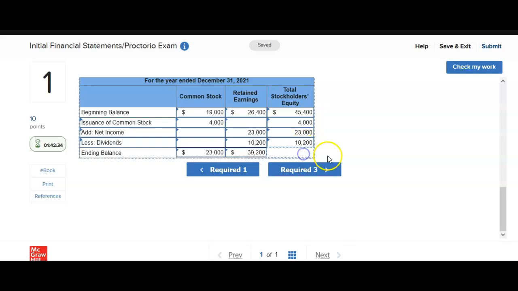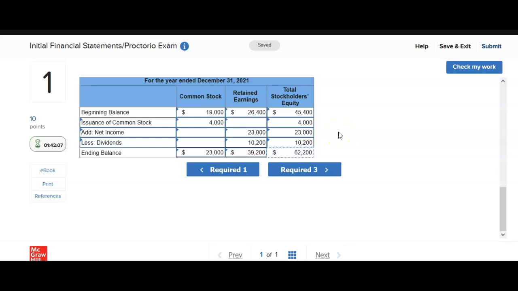And then we can either add and subtract down, you'll add this, subtract this, or add across. Either way, you'll get this final number. And so that's going to be 23,000 plus, I'm going across, 39.2. That's 62,200.